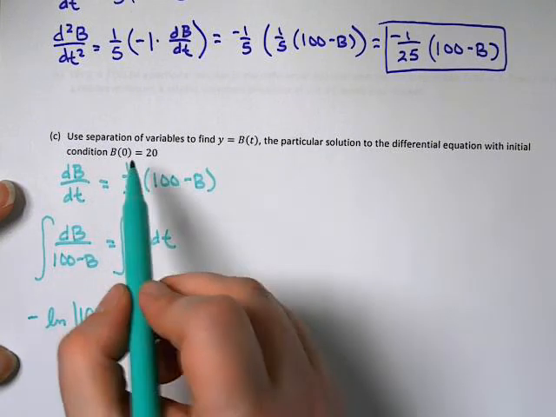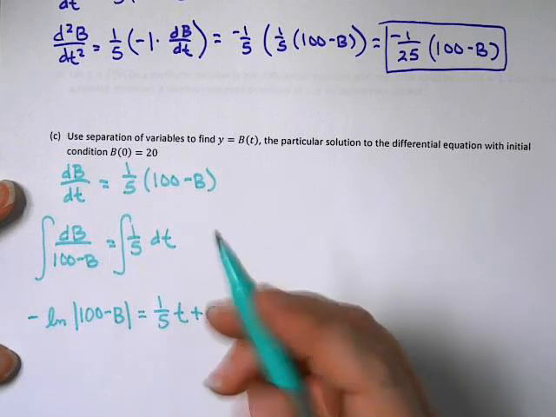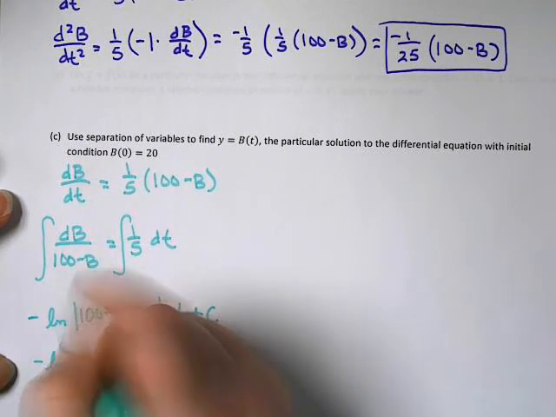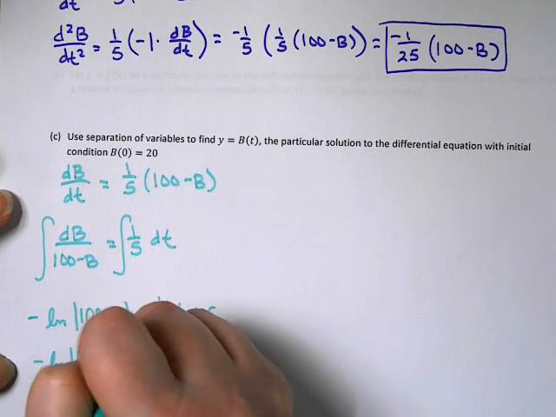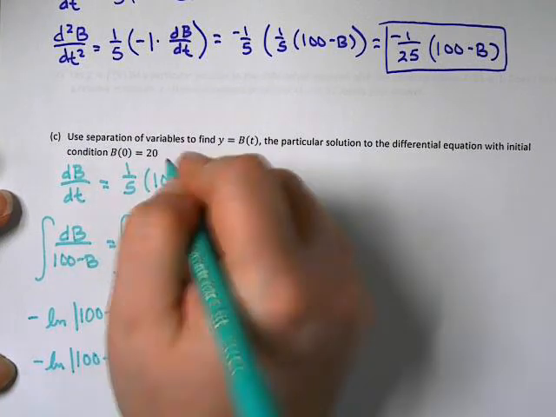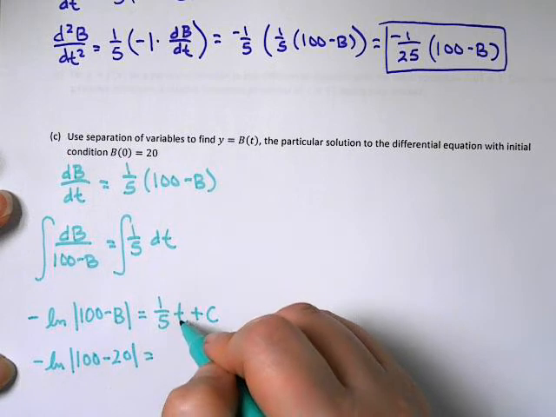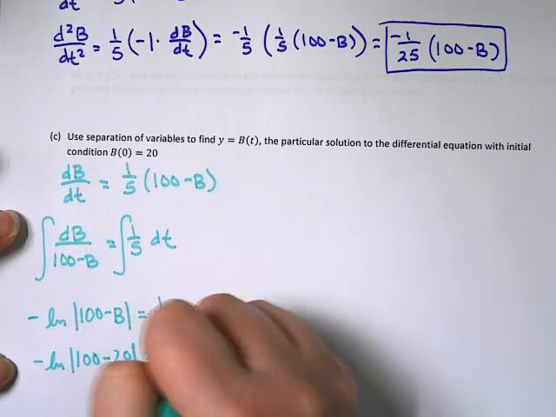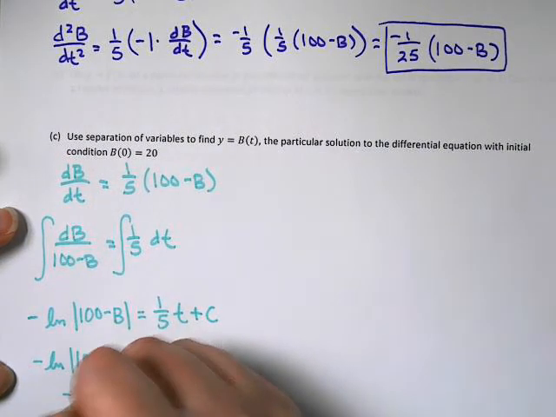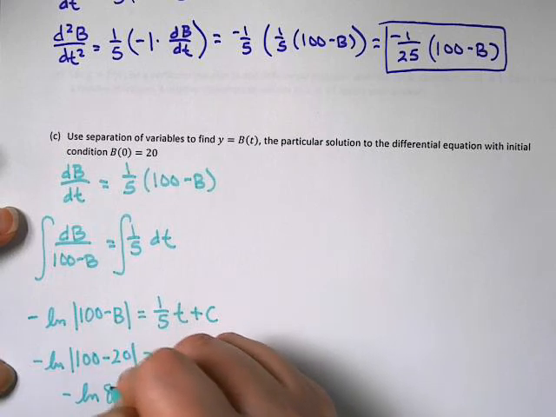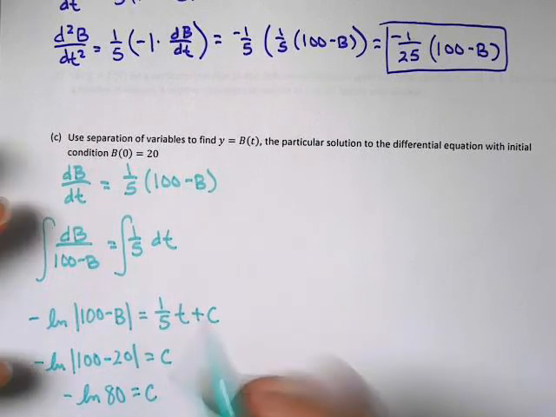So we're going to go ahead and use our initial condition of 0, 20 and figure out what our c value is. So the negative natural log of 100 minus our b value, which is 20, equals 1/5 times 0, which is really just 0. So that's going to be our c value. So we're going to end up getting the negative natural log of 80 is equal to c.